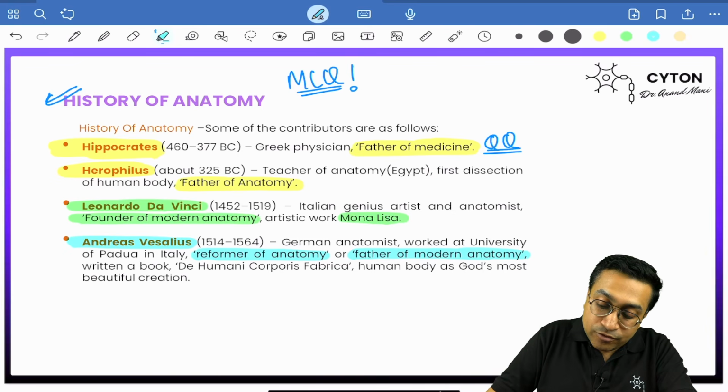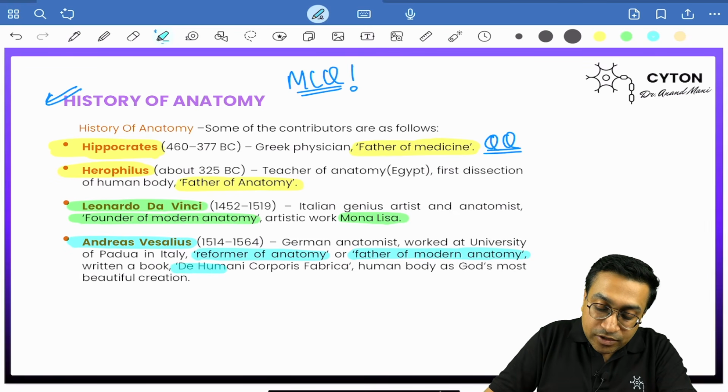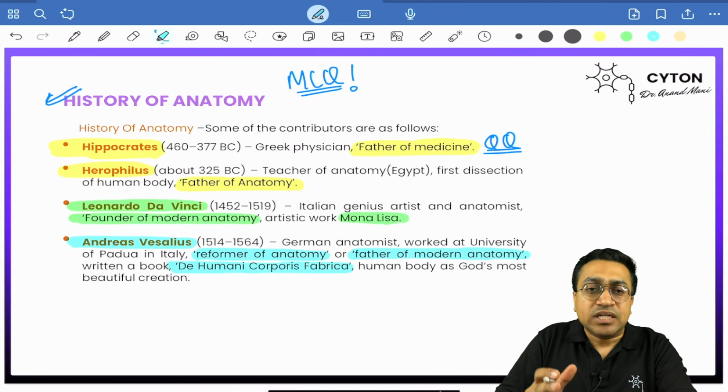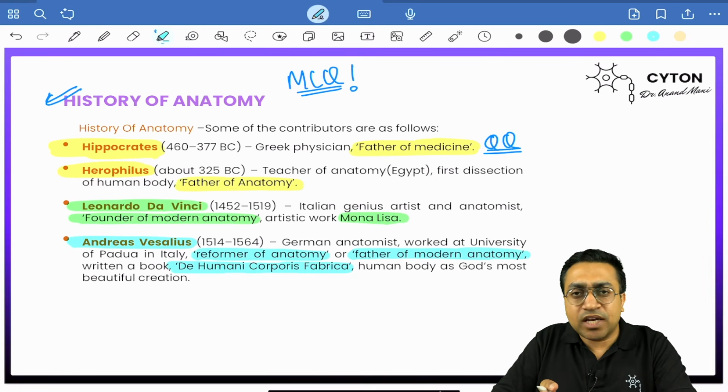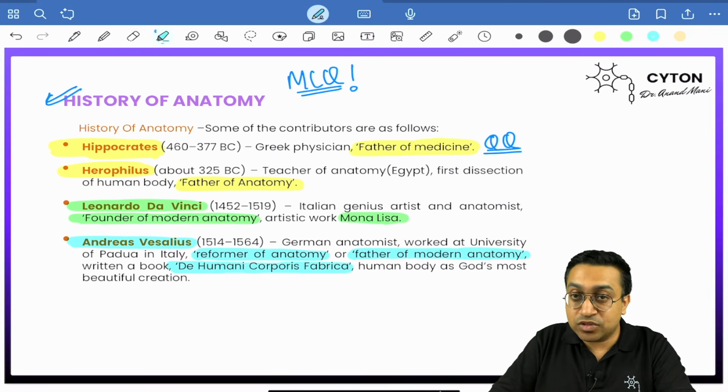You may be able to see this on the internet. You can Google this and you will get a lot of images. That is De Humani Corporis Fabrica. These are human body diagrams, very beautiful diagrams, which for that time are so close to the natural anatomy which you study today.